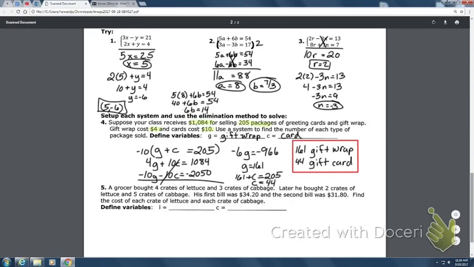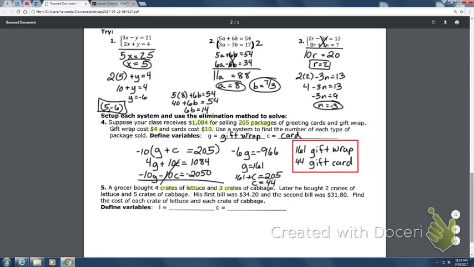Questions on that problem? Awesome. Going to 5, Miss Kurth, will you read that problem for us? Bought 4 crates of lettuce and 3 crates of cabbage.